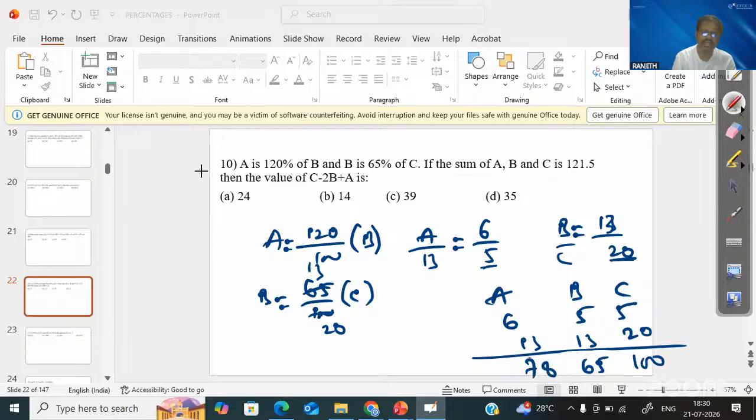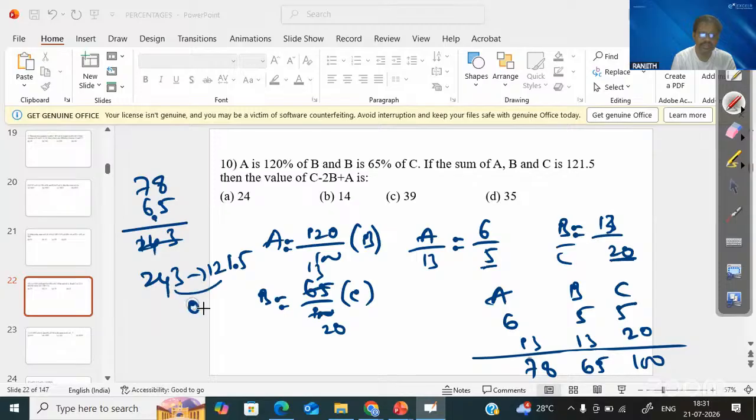If I add all the values, 78, 65 will be equal to 143, plus 100 will be equal to 243. Where 243 will be equal to 1 to 1.5. So what is the relationship? It is nothing but 0.5 times. So it will be half of 243 will be equal to 121.5.